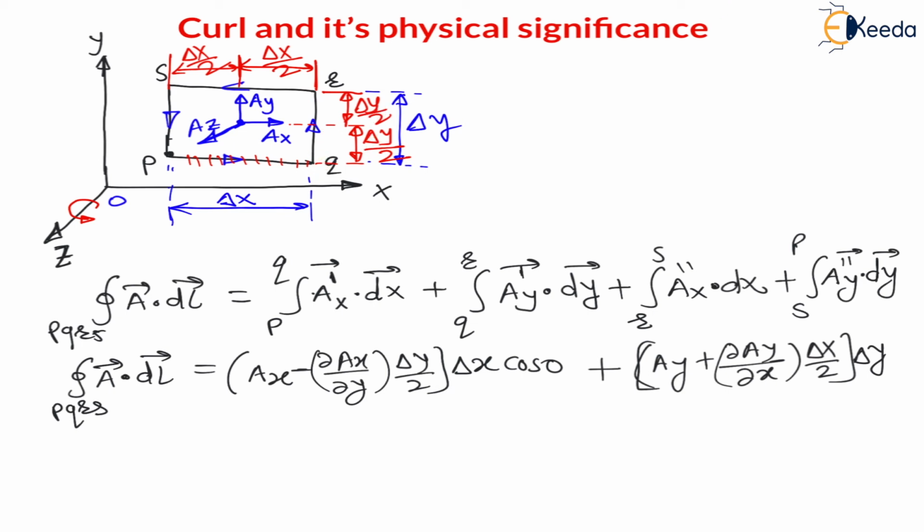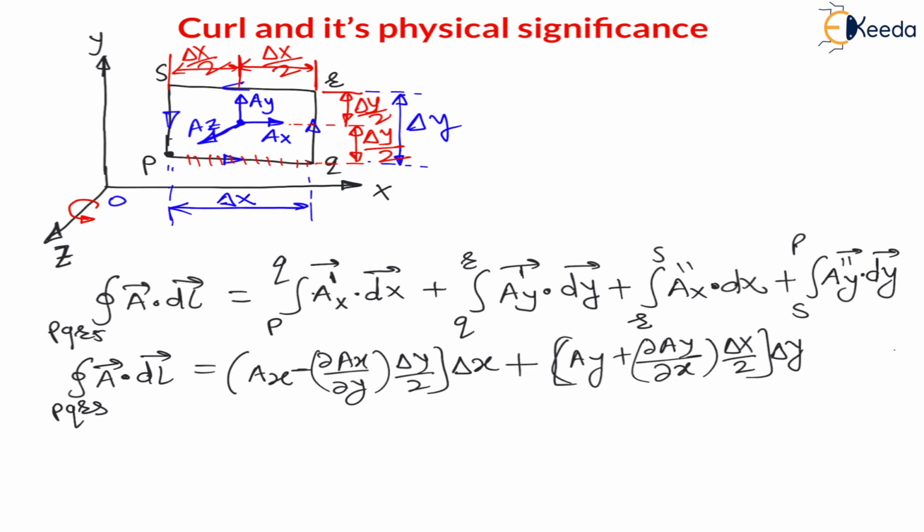For this also the angle is 0, therefore I will delete this cos 0 because cos 0 is 1, so no need to write cos 0. So this term will become plus Ay plus dou Ay by dou x del x by 2 into del y into cos 0, cos 0 is 1, plus.